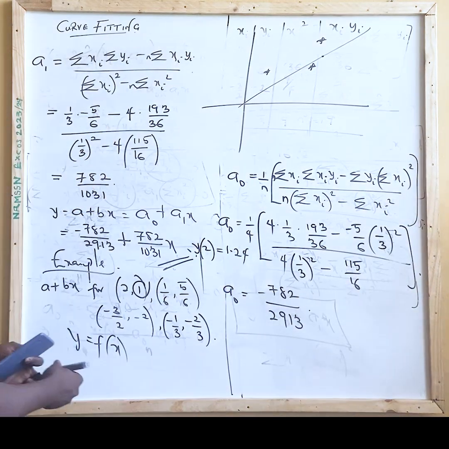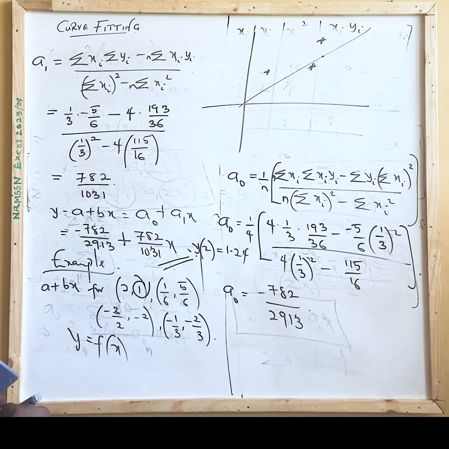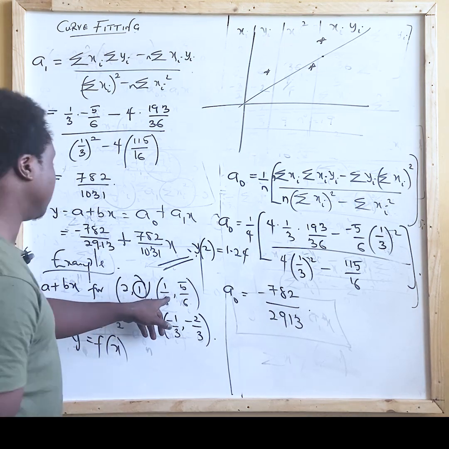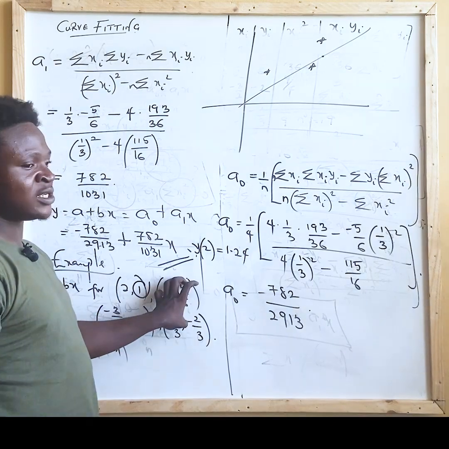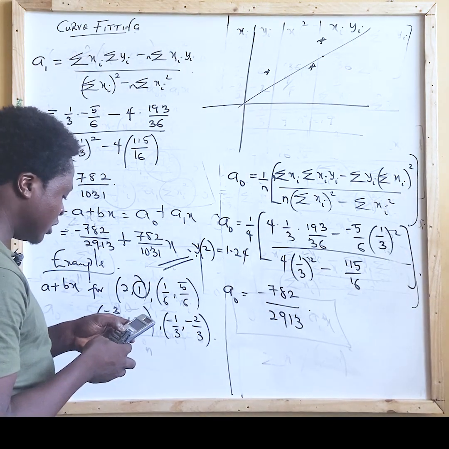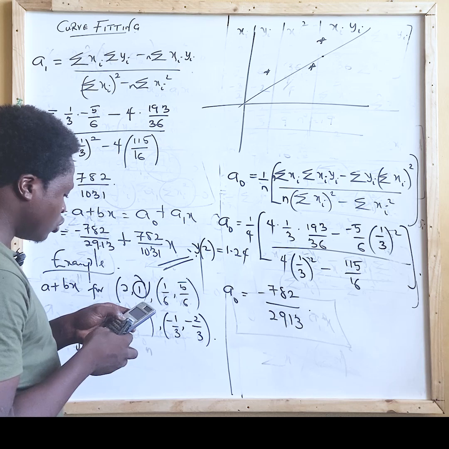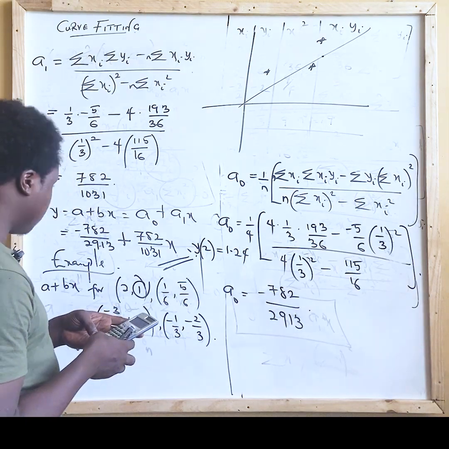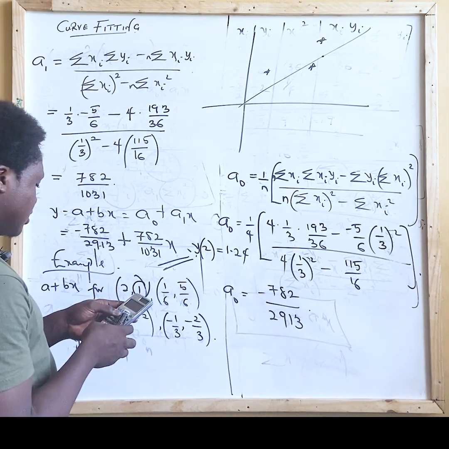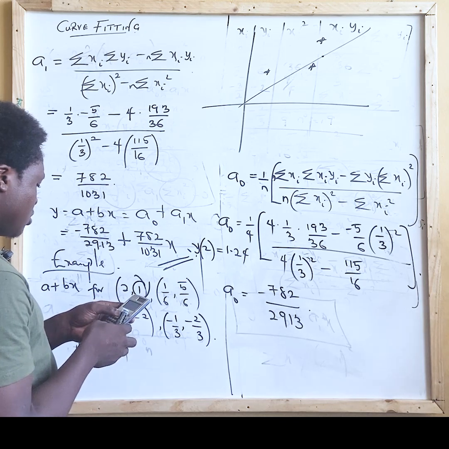So it means that we are in a way correct, not exactly accurate. If you put in the other value also, you get something close to 5/6, not exactly 5/6.